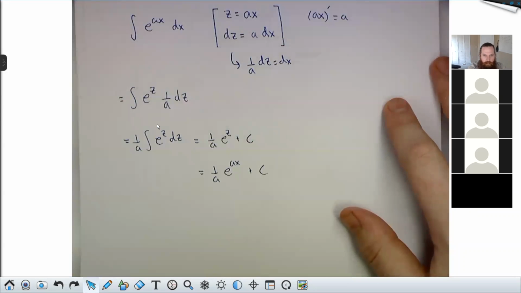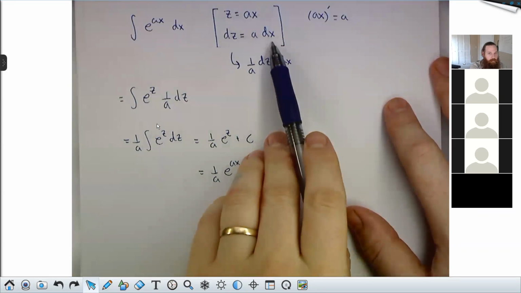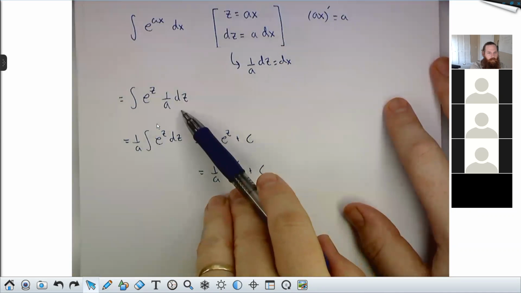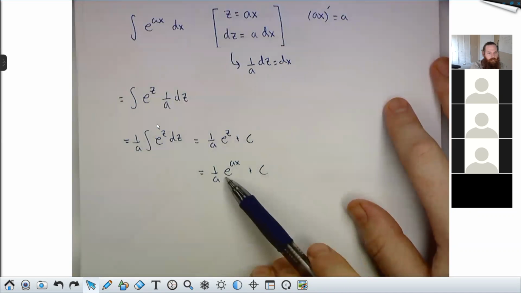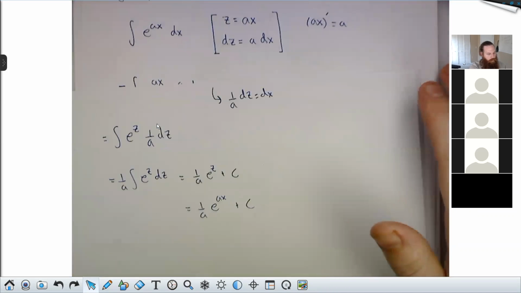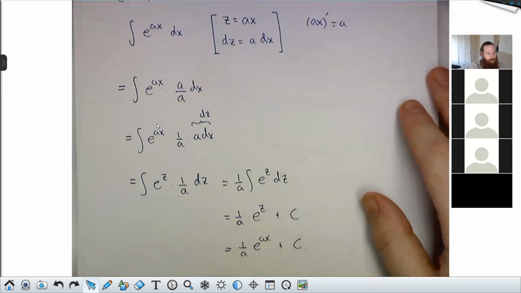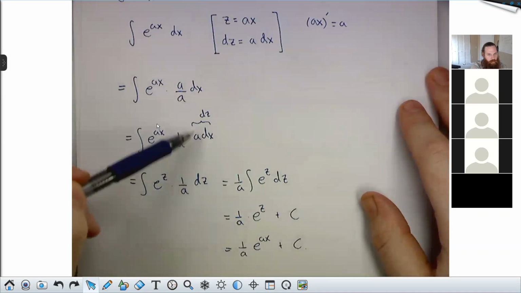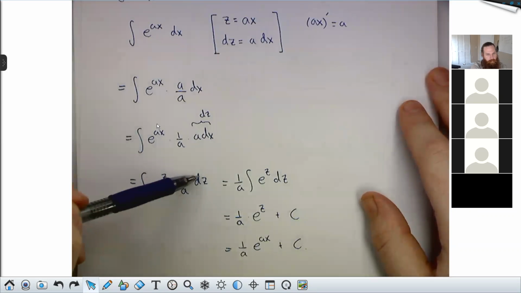So same thing, just two different ways of thinking about it. You can solve for the dx and then plug in, which will get you to the same place. Or you can multiply and divide as needed to make your a dx show up, and then just replace that by dz.